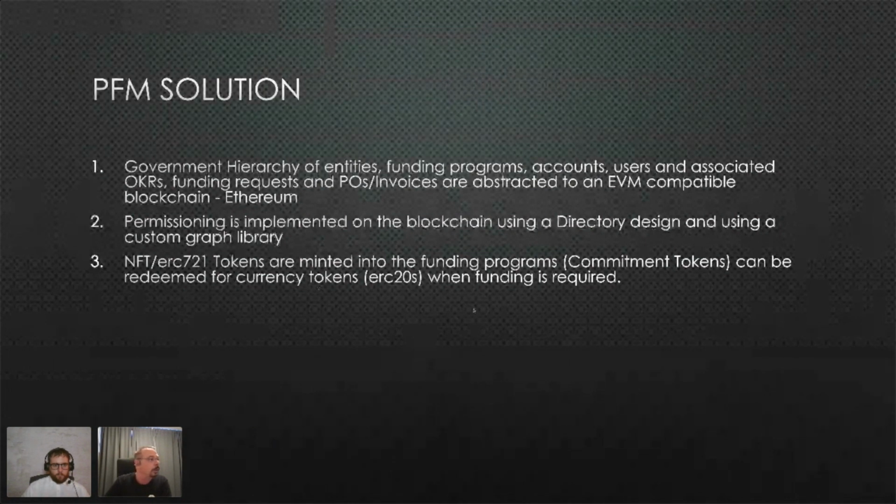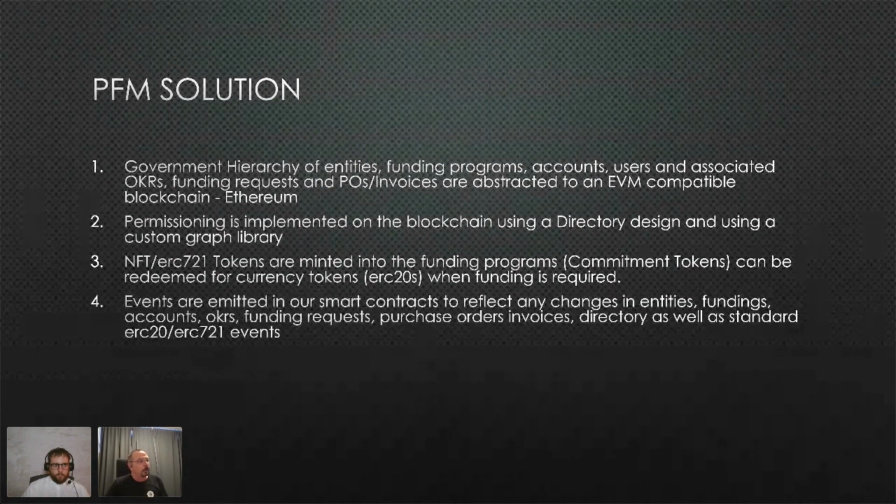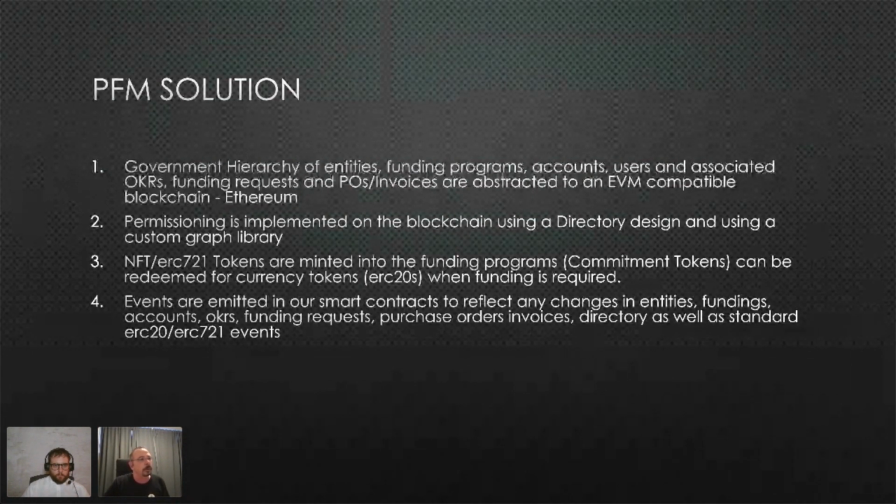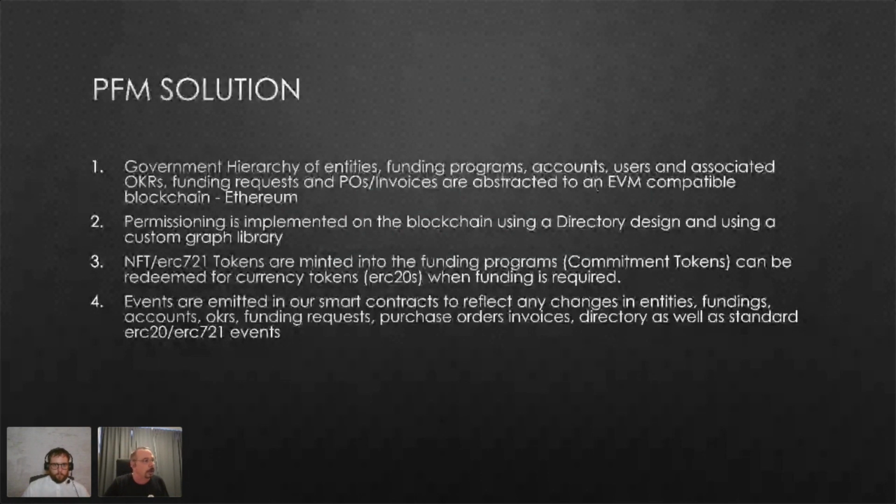All of these token movements and transactions occurring within the various smart contracts for OKRs, our invoices and accounts, emit events, and our Kafka bus tracks those events and is able to build up a real-time representation of the funding flows as they occur.